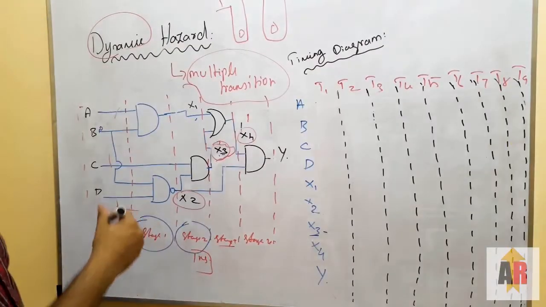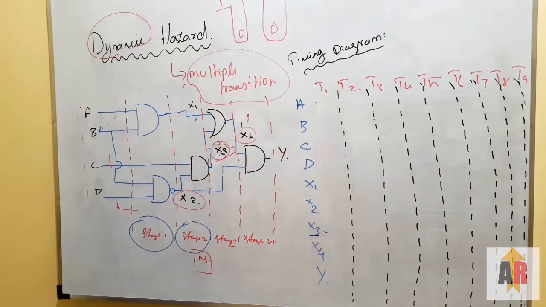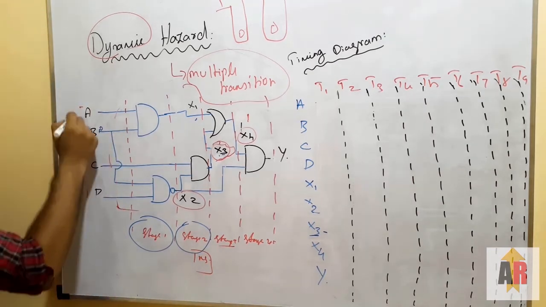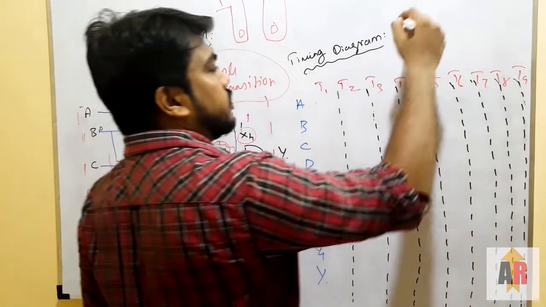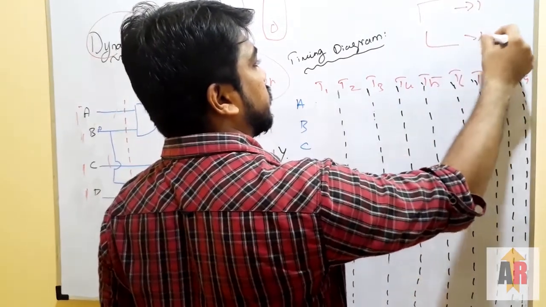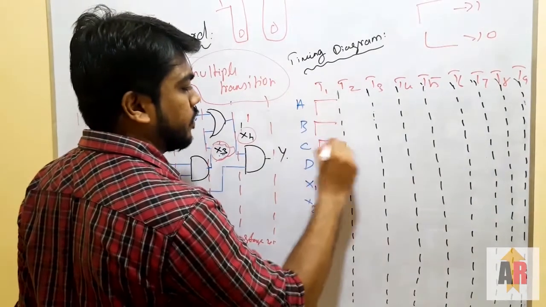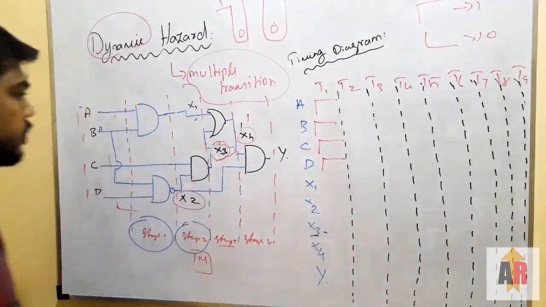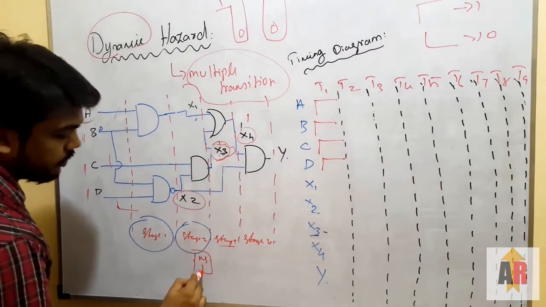Now we are going to see how this dynamic transition occurs, how multiple transitions occur in a dynamic hazard. For that reason, I am going to consider the input with respect to 1. In this timing diagram, I will show this as 1 and this will be my 0. I am going to give every input as 1, and consider the entire circuit as a single delay of 1 nanosecond.